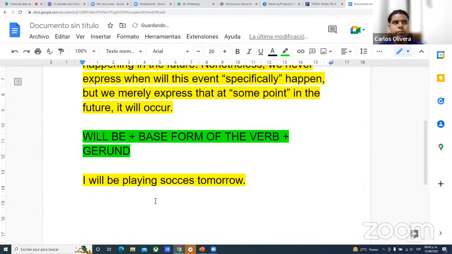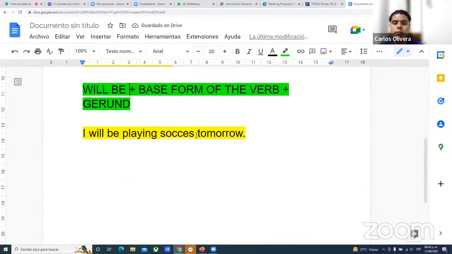Is this a correct expression of the future continuous? Yes, it is. I will be playing soccer tomorrow, because we look at the structure. Will be, yes. Base form of the verb, yes, play without the to. And finally we have a gerund, playing.